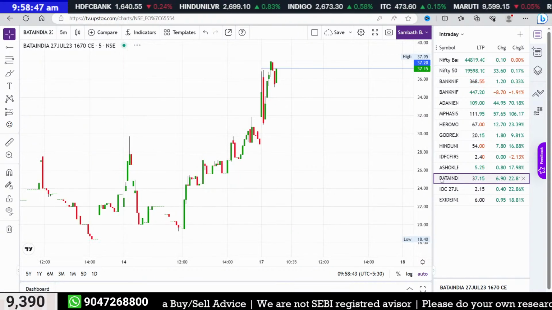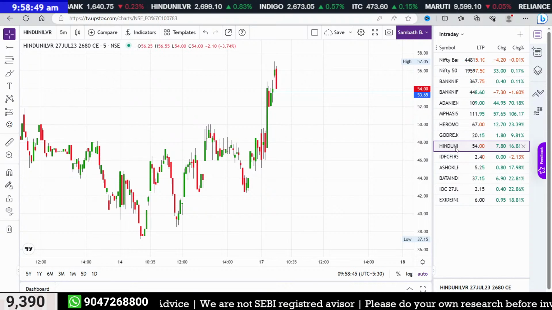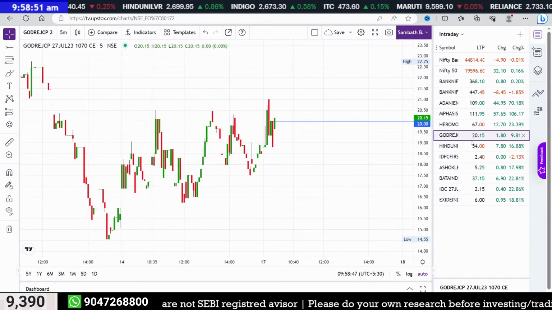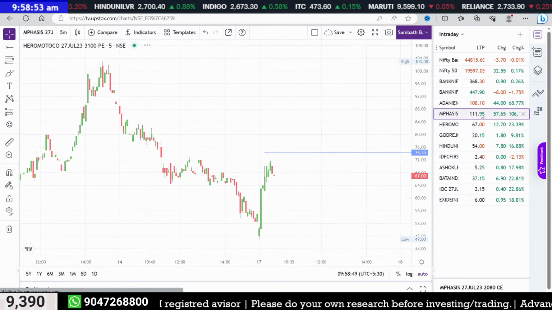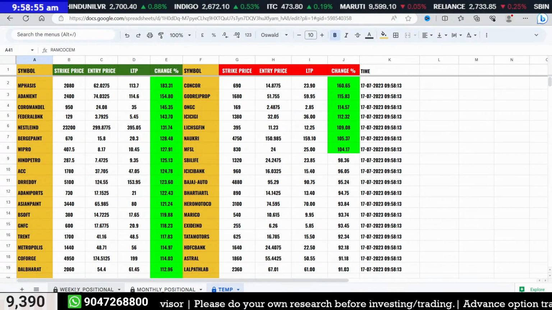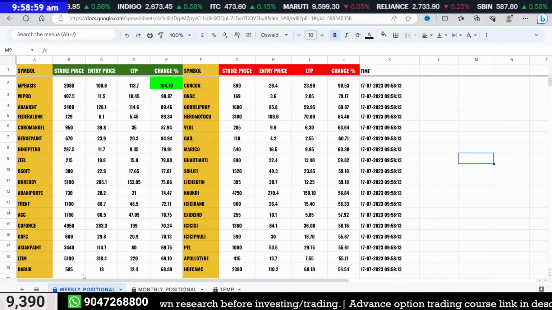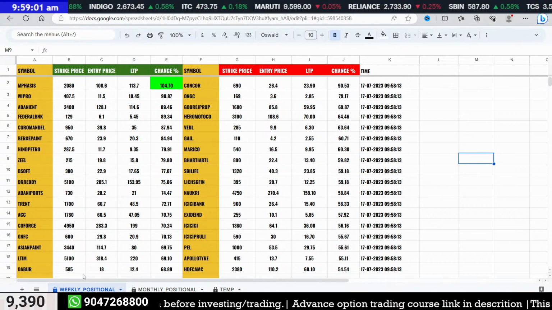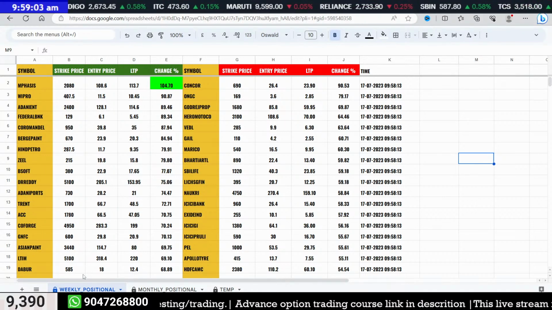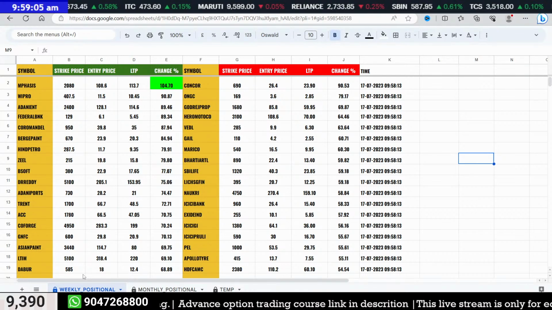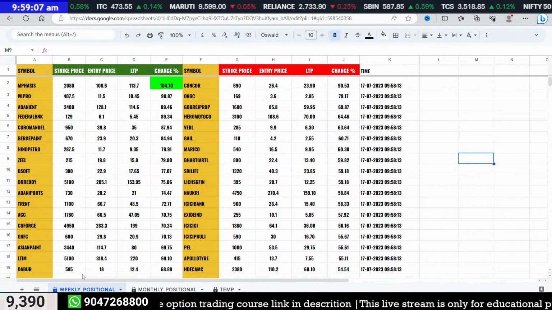Bata India is still at the same price, Hindustan Unilever at the same price right now. MPS is also returned back in weekly positional. Wipro, Adani and Federal Bank. Coromandel, it's not a liquid one. Berger Paints, not liquid.